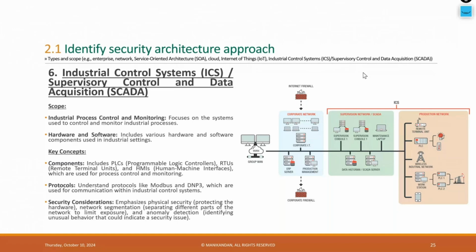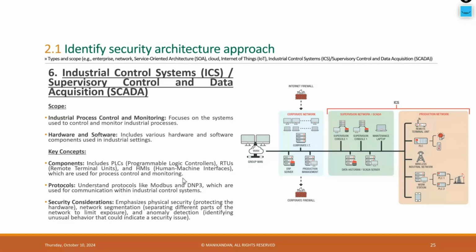We need strong anti-malware and antivirus solutions. Clipboard sharing, copy and paste, should be blocked. Internet access on that jump server should be completely restricted. There should not be any internet access. These are some controls you can use if you are connecting remotely to an OT device.